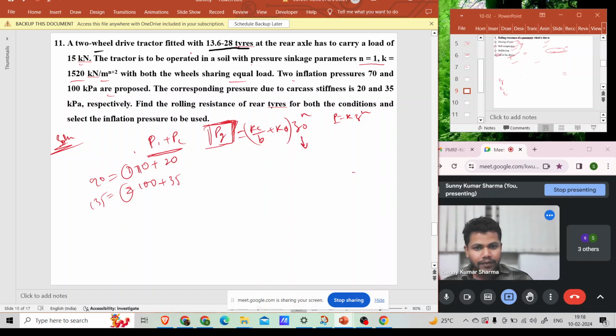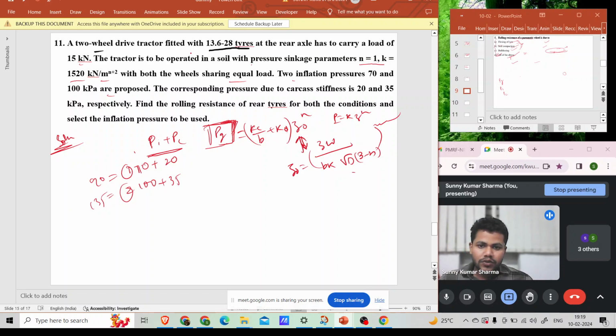Z0 we have derived in the first slide only. Z0 in terms of W is 3W by (Kc by b plus Kphi) root D, to the power 1 by (3 minus n) or some such exponent.